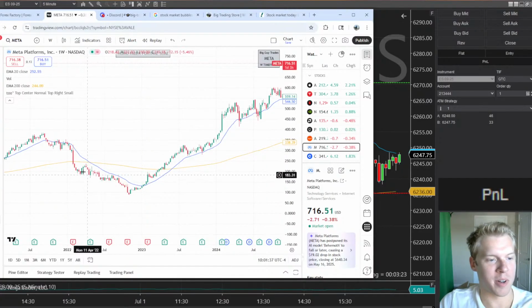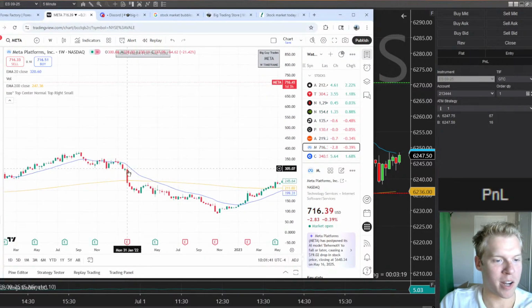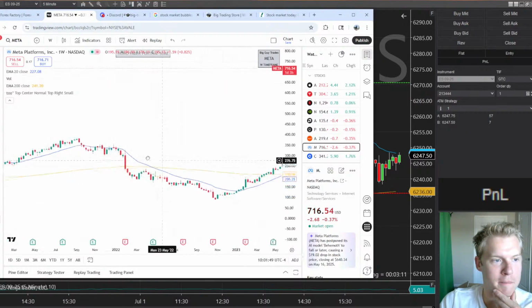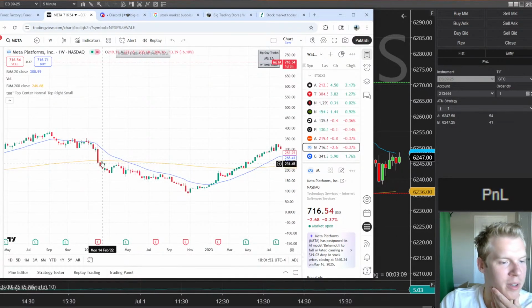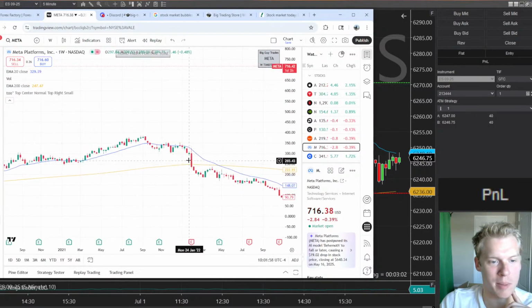Meta's been very strong. I remember, I think it was this day back in 2022, when it had the largest market cap drop in history out of any stock. I think it might have been 150 billion in one day. I think Nvidia has surpassed that, but up to this point, that was the largest market cap drop in history.